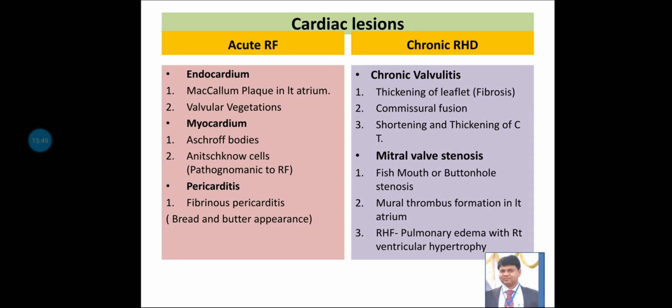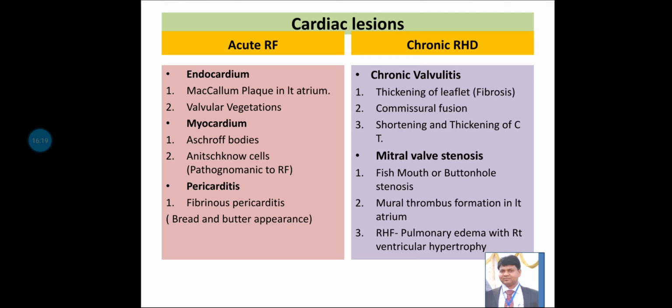The chronic rheumatic heart disease is seen in between the episodes of the active fever. In chronic valvulitis, there is thickening of the leaflets or fibrosis of the leaflets, fusion of the commissure, and shortening and thickening of the chordae tendineae.